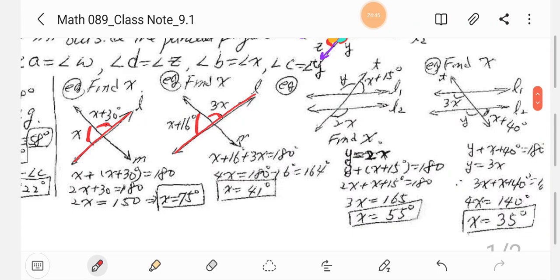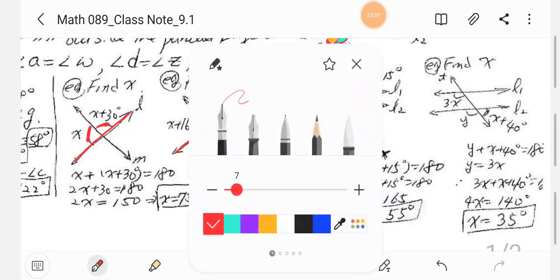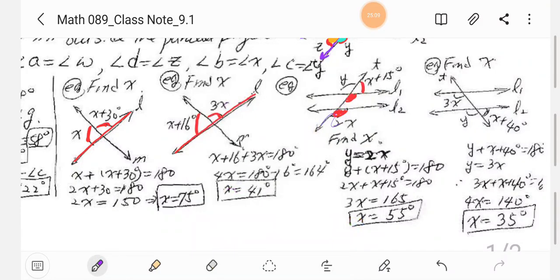Okay, how about this? Find X. All right, as you see this one, this angle and this angle are different, right? So actually this angle is the same as this angle, right? Here is a line, a transversal.